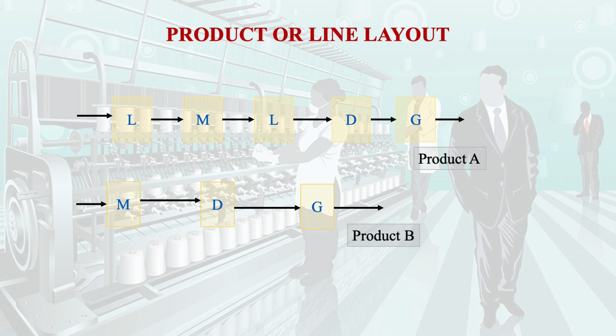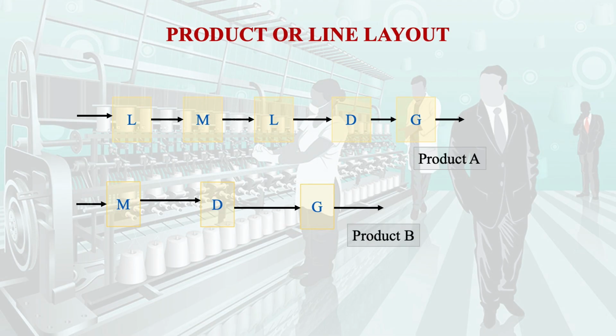Here I will just explain the abbreviations I have put. L means the lathe machine, M is the milling machine, D is the drilling machine, and G is the grinding machine. Now in the product layout or the line layout, we keep the machines according to the operation required on a job or on a product.